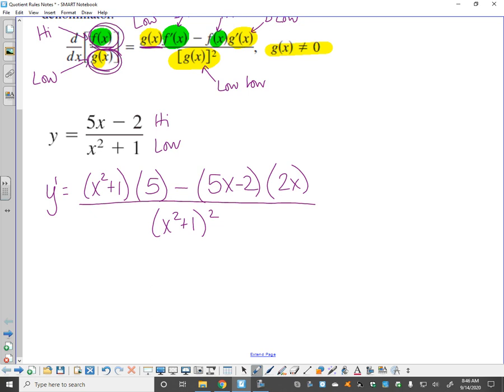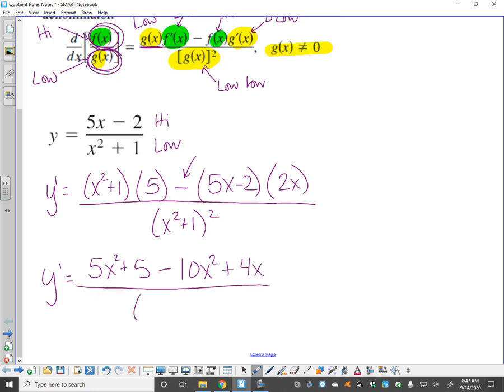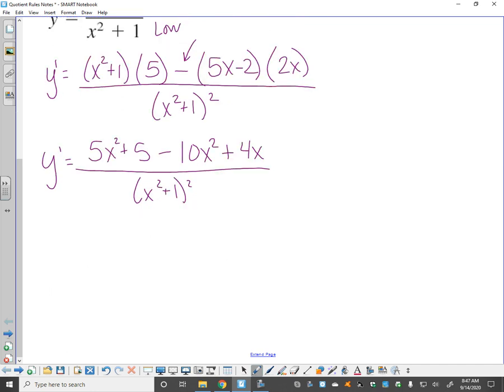And now I clean. So y prime equals 5x squared plus 5. Watch the minus. Minus 10x squared plus 4x. Negative 5x squared plus 4x plus 5.